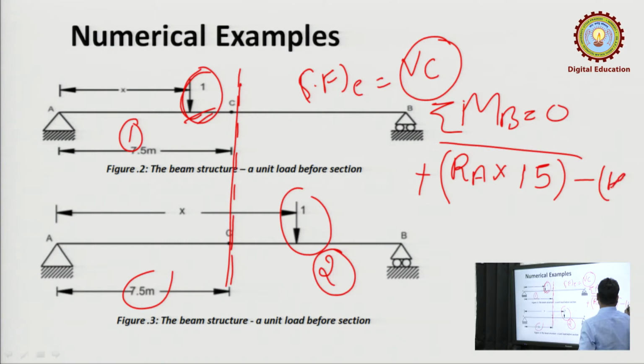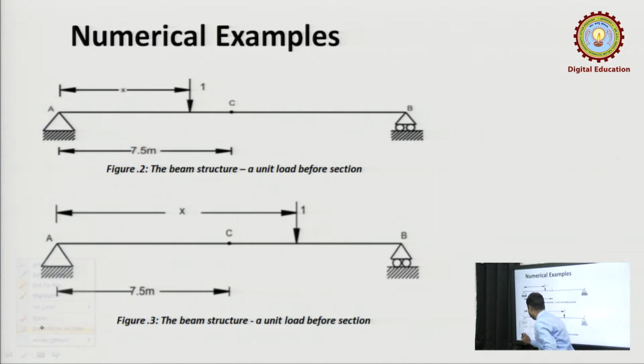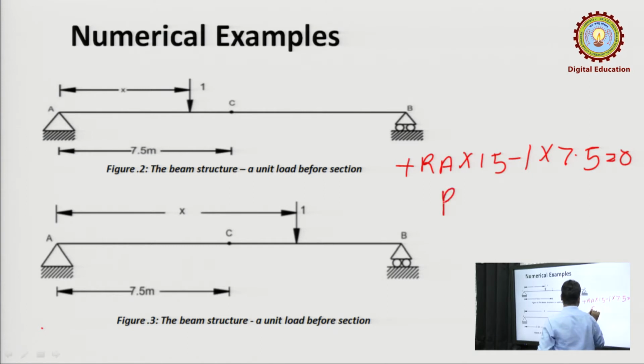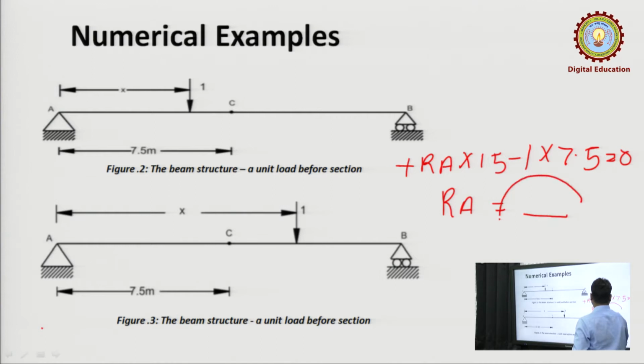Negative sign: positive RA into 15, negative sign 1 into 7.5 is equal to 0. Here we can find the value of RA. Suppose this value is X.